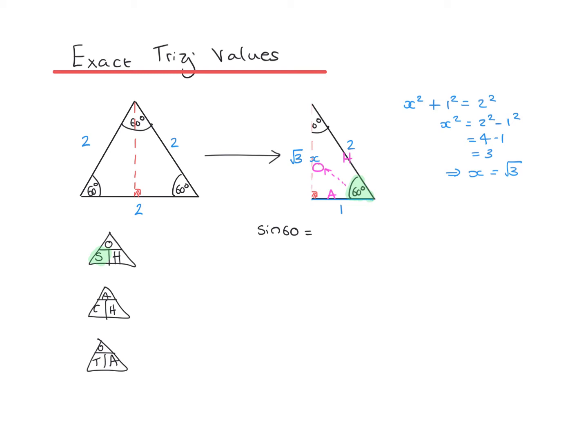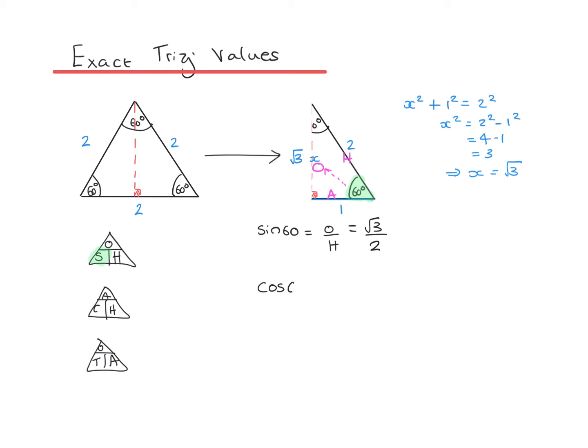So the sine of 60 is the opposite divided by the hypotenuse, which is root 3 divided by 2. And you can check that on your calculator. Input the sine of 60 and you see that you get the square root of 3 divided by 2.